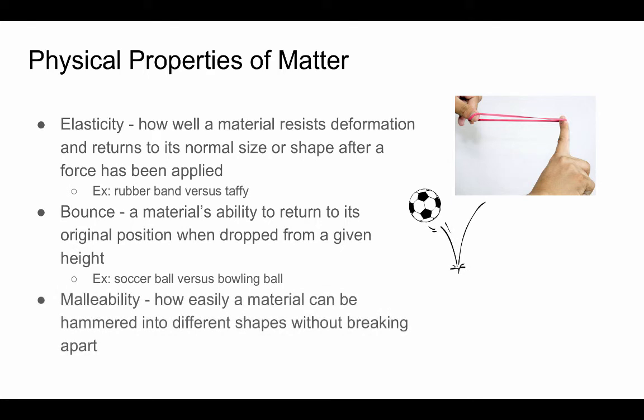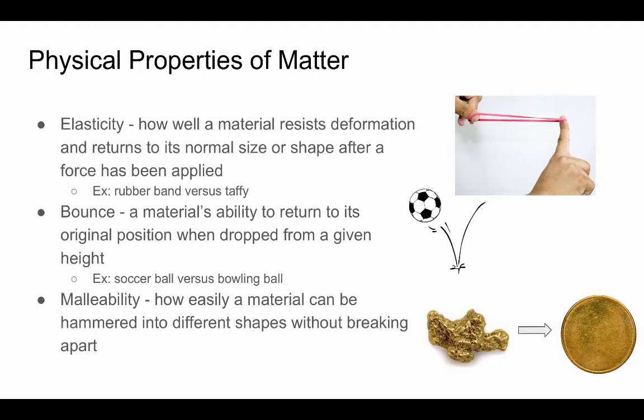And the last physical property of matter to consider is malleability, which is how easily a material can be hammered into different shapes without breaking apart. So here we have a sample of gold. This is gold ore, and gold is actually hammered into coins because it's very malleable.